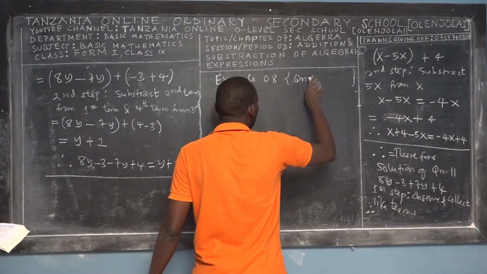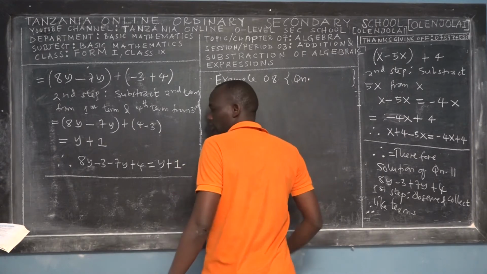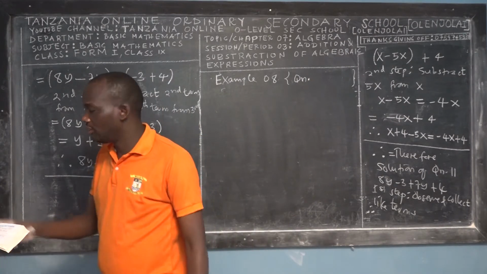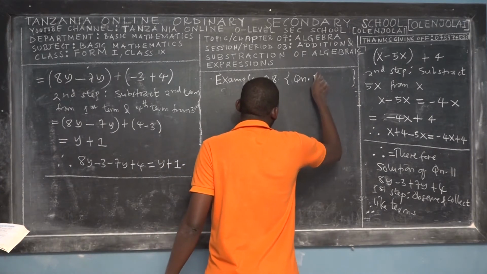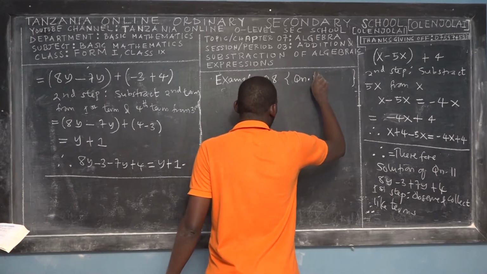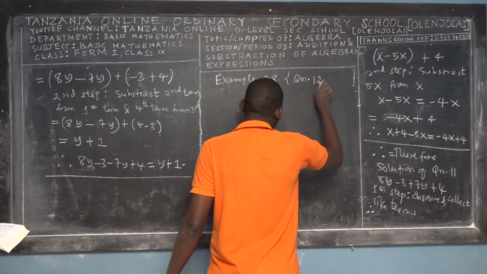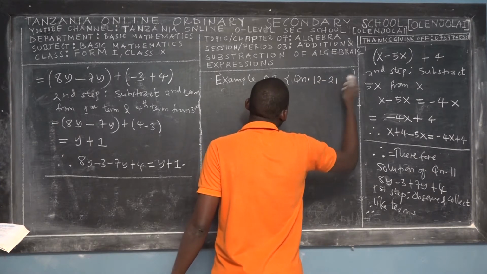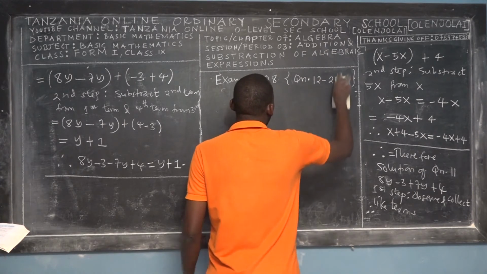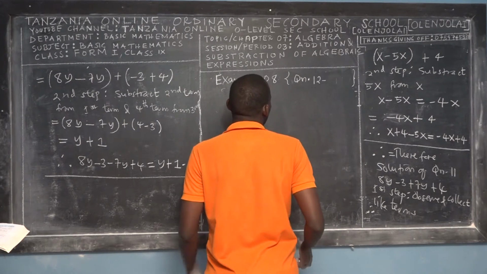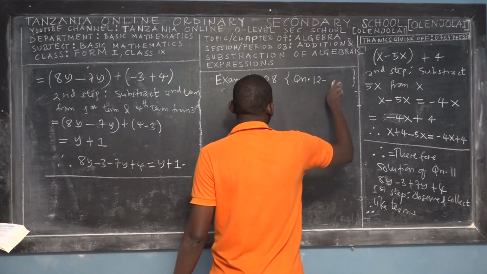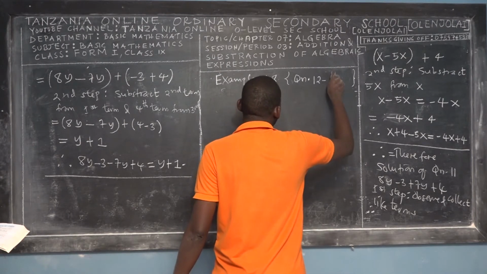This is question example 8. Say that this is question 3. It is question from 12 to 21. However, I won't be doing all, so let us do 12 to 17.